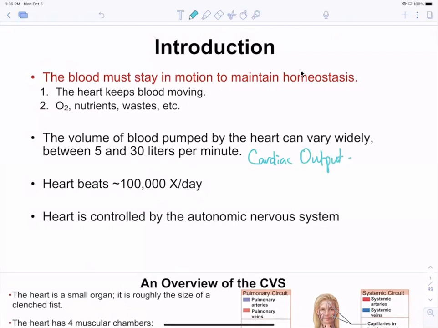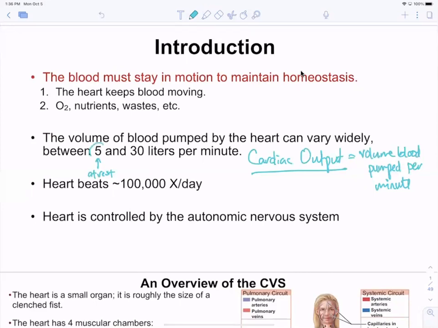So our cardiac output is equal to the volume of blood pumped per minute. And this is a really important measurement. Your cardiac output at rest is around 5 liters per minute for everyone.